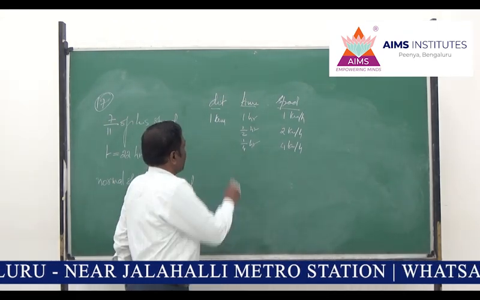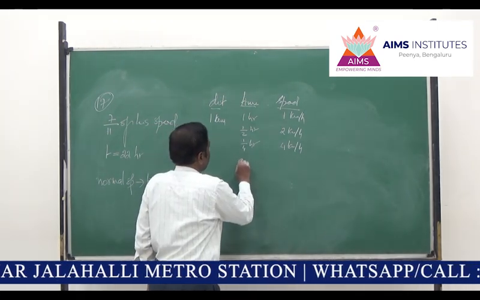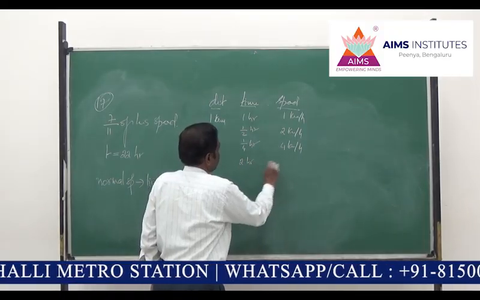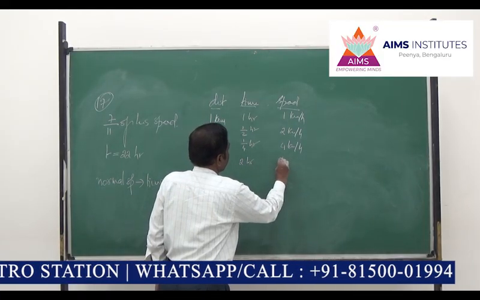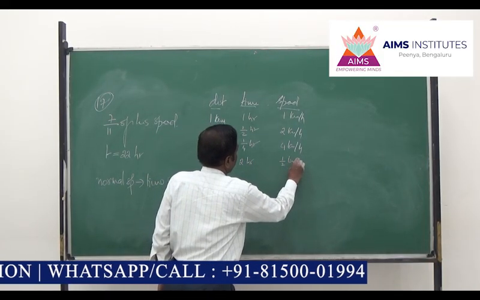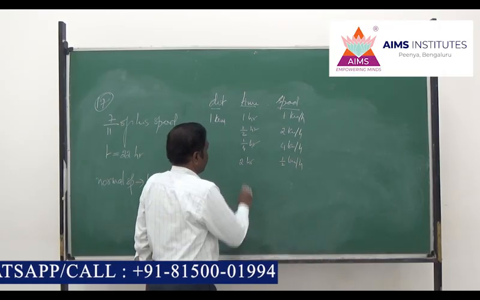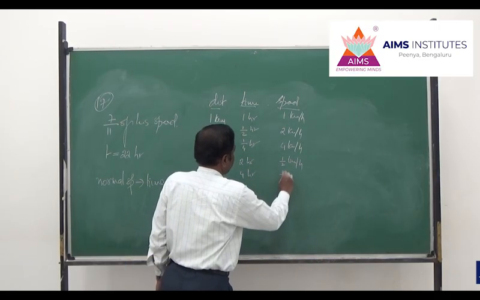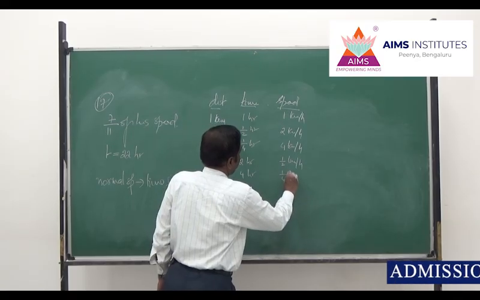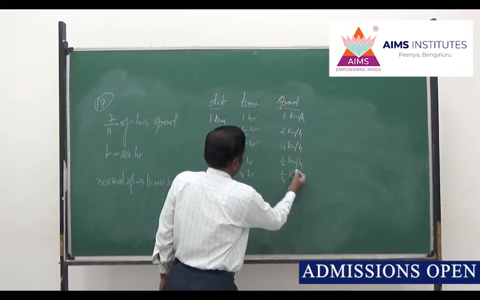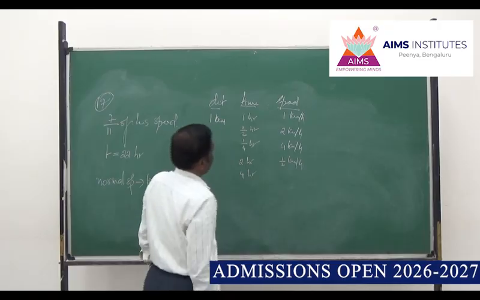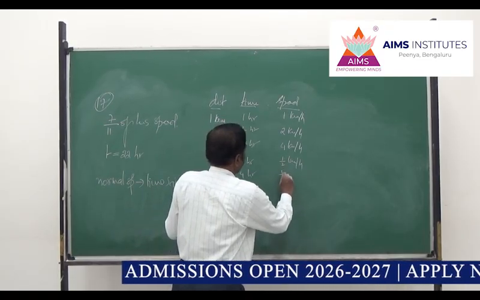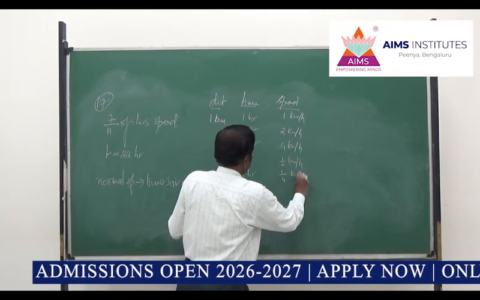Now, if we take 2 hours, then speed is half kilometer per hour. If the time taken is 4 hours, then speed is 1/4 kilometers per hour.